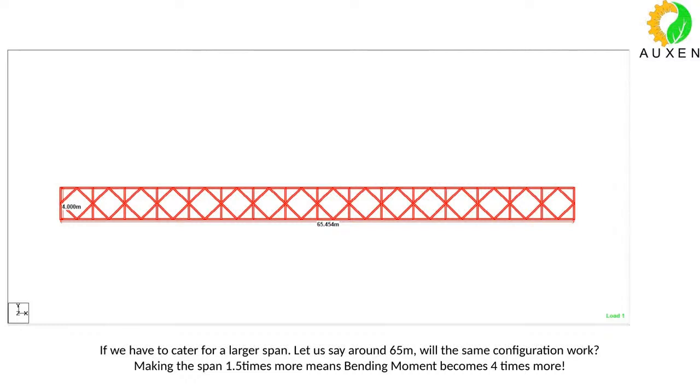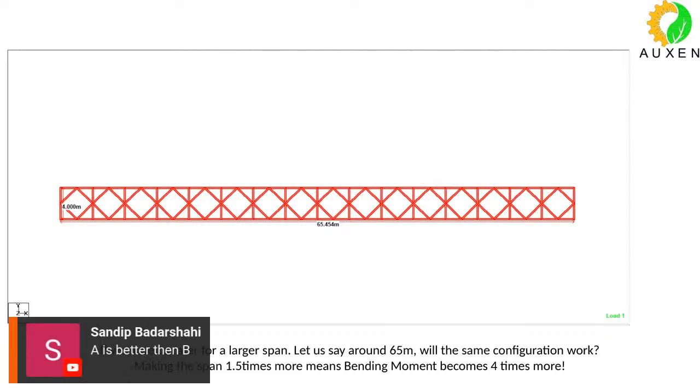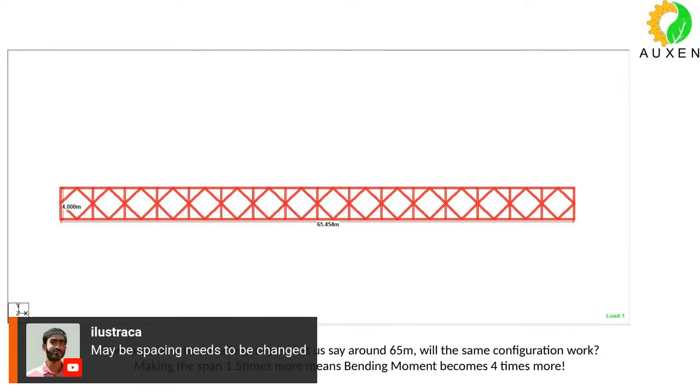It will be 4 times when my span doubles. If my span is becoming 1.5 times, my bending moment will become 2.25 times, the square of the change in span. So certainly this same configuration that we were using for 45 meters will not work. Then what will work?